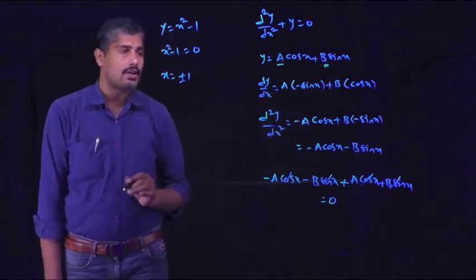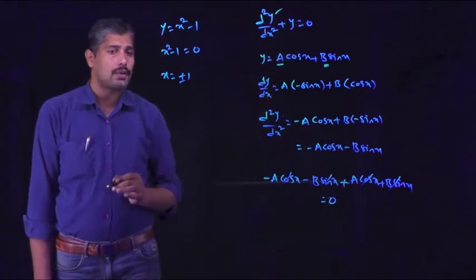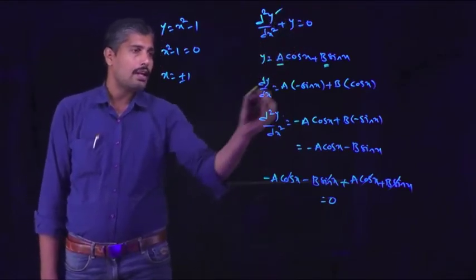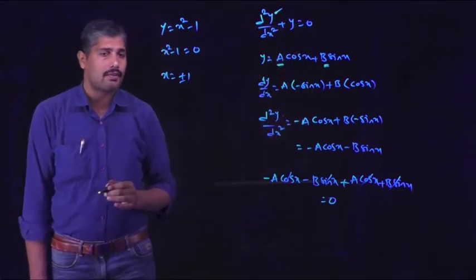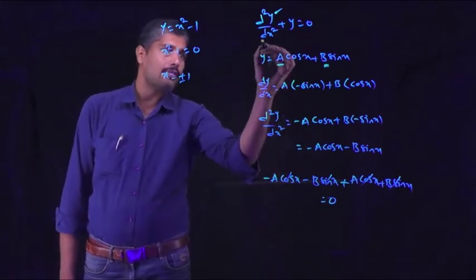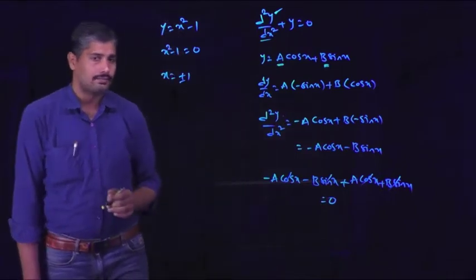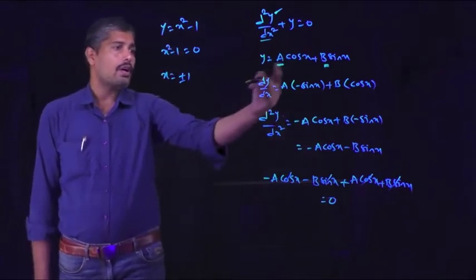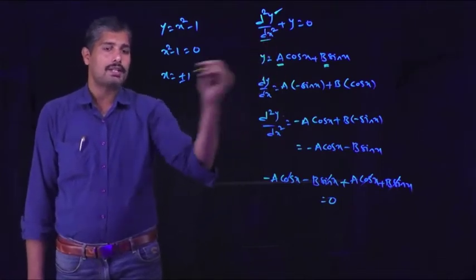Here d square y by dx square, so the order is also 2. That's why the number of arbitrary constants is equal to the order of the differential equation. That's why this is the general solution. y equal to a cos x plus b sin x is called the general solution of the differential equation.